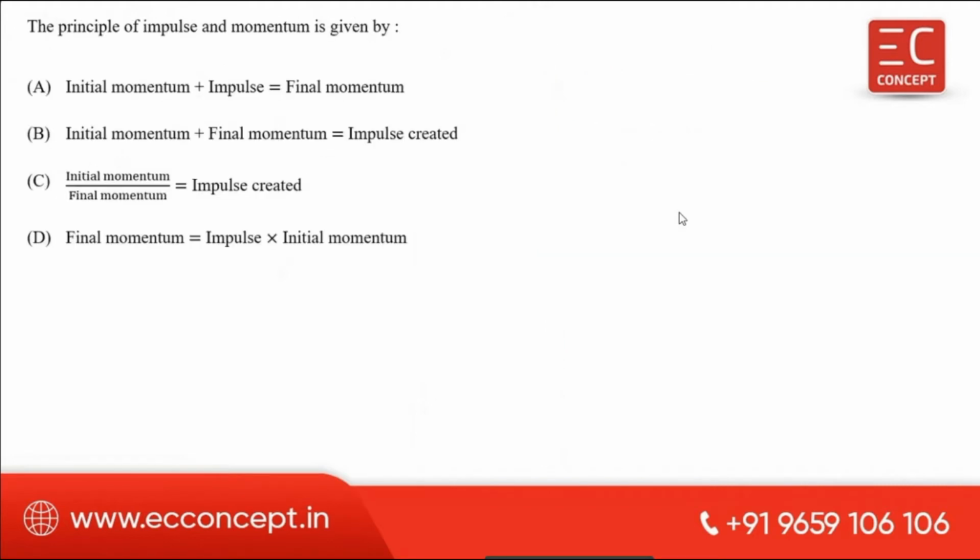Next one. This is a very interesting question. The principle of impulse momentum: the initial momentum plus impulse is equal to the final momentum. This is the theorem. The concept of impulse is equal to the final momentum minus initial momentum.